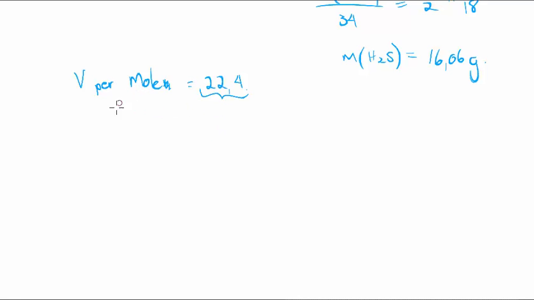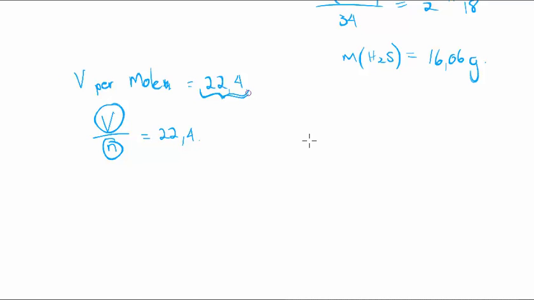Guys, look at this. Volume per mole is equal to 22.4. What do we need to find volume? Mole. So all I need to know is how many moles. If every mole occupies this much space, how many moles do I have?